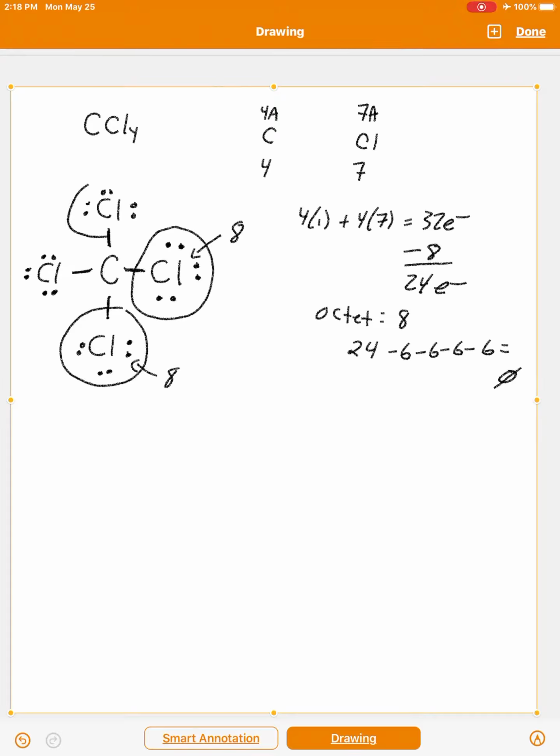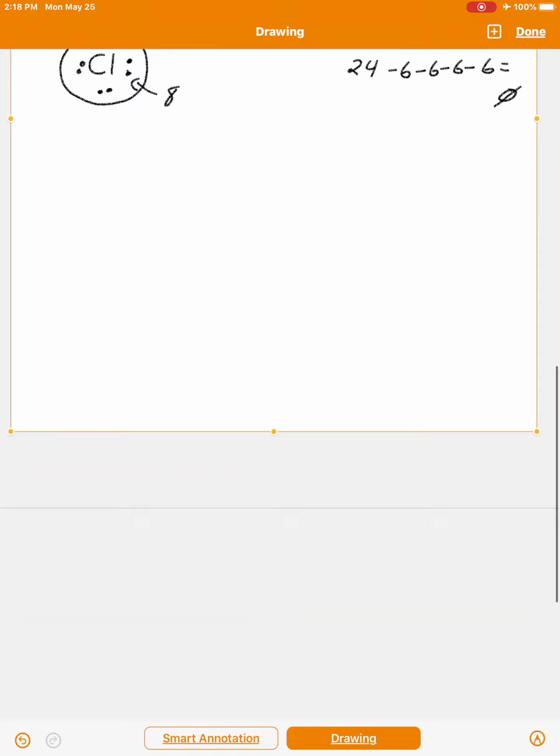This chlorine now has a total of 8. And this chlorine now has a total of 8. What about the carbon? The carbon has a total of 8. There are 8 either shared or lone pair electrons for each of those atoms. That's the octet rule.